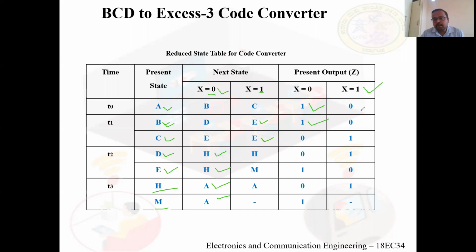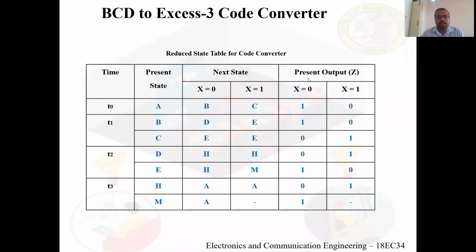When x is 1, the output is 0, and for B also it is 0. The outputs are the same. Now, with those three rules in mind, we'll write the states in the assignment map.